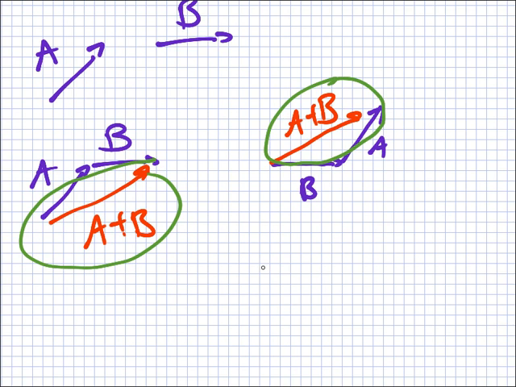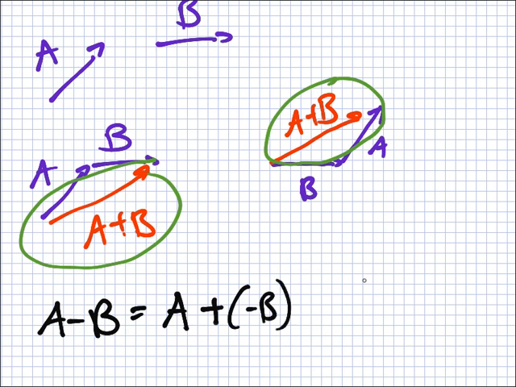By the way, I forgot to mention this earlier, but how would you do A minus B? What you do, you change this to A plus minus B. So, for example, in this picture, you would keep the A, and if that's B, then this one here is minus B. So then A plus minus B is a vector that way.